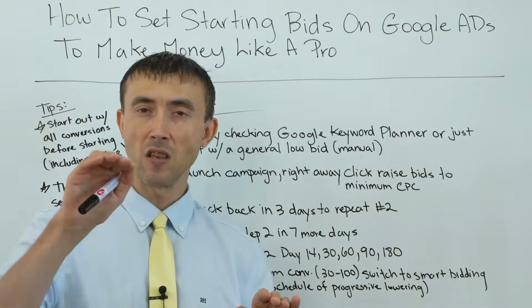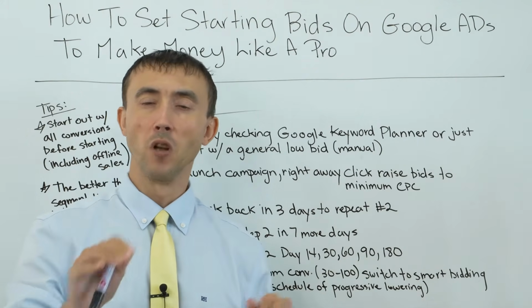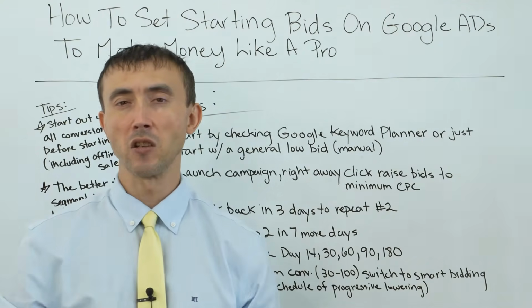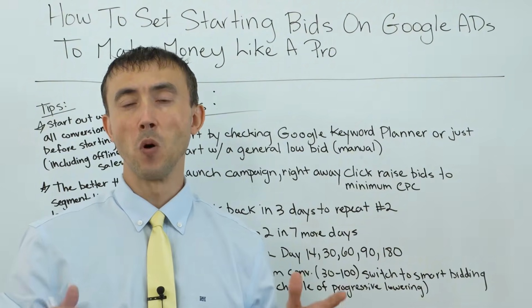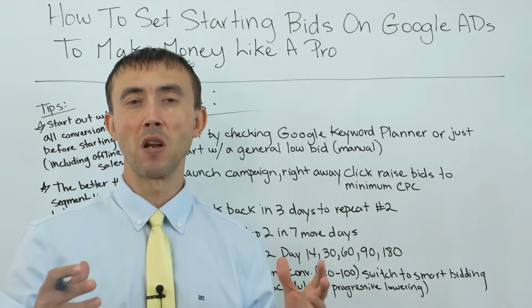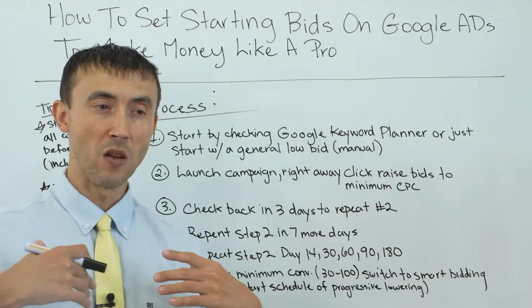If you're not going to manually look at Google Keyword Planner keyword by keyword and put that in at each keyword's level, which in my opinion is mostly a waste of time now, I'm just going to bid to whatever they say it takes for the keyword to show up on the first page.